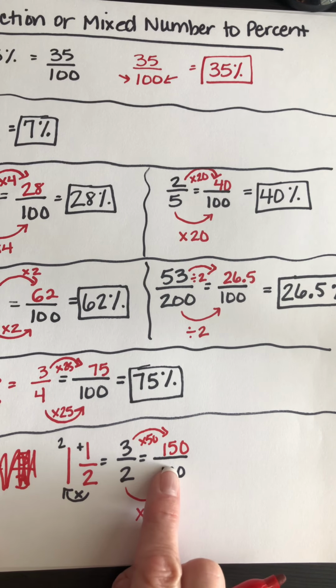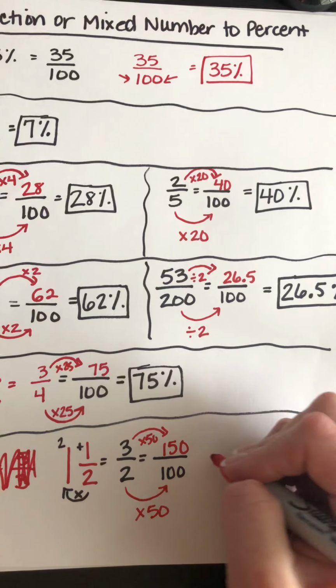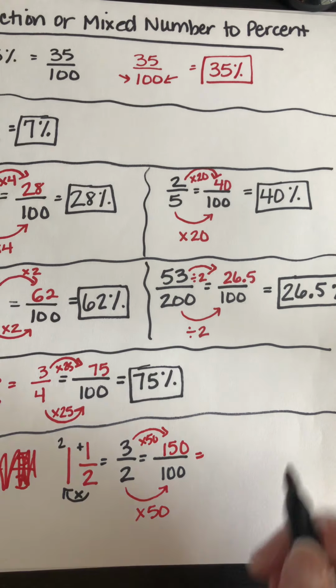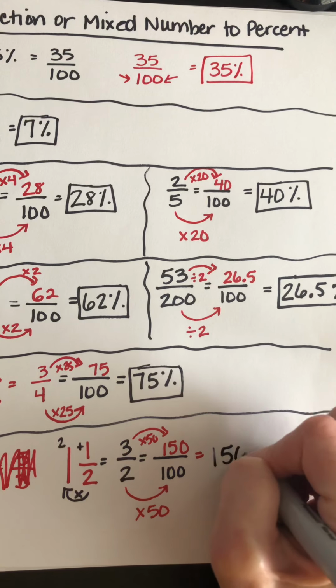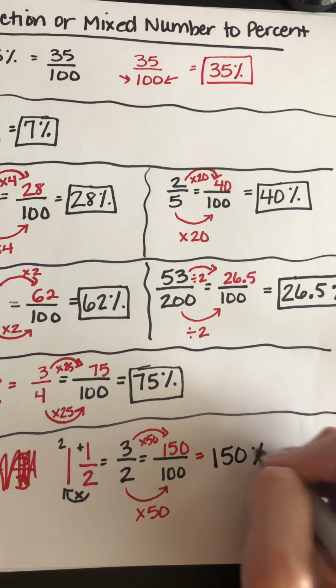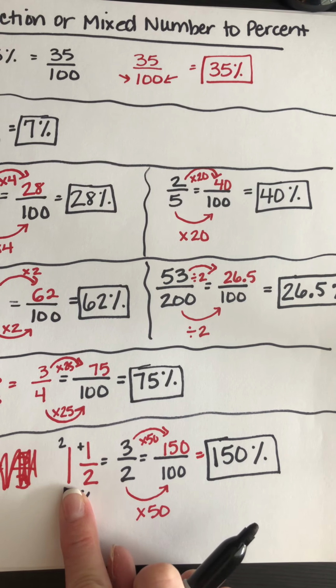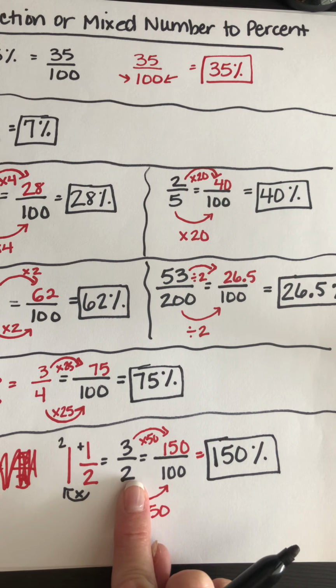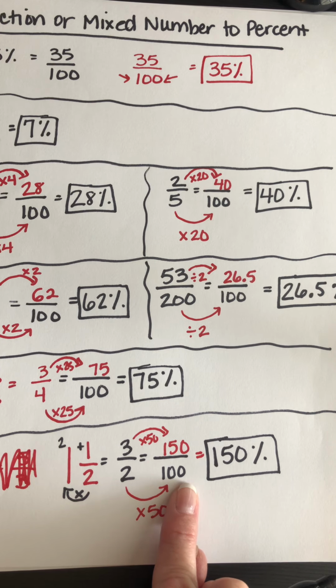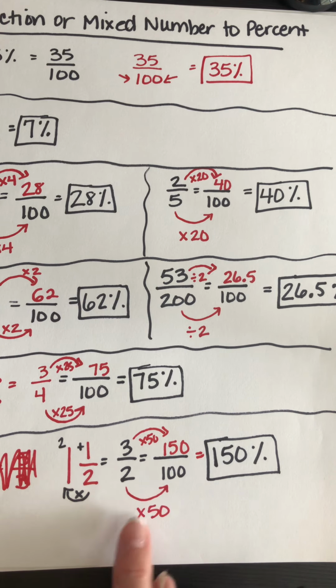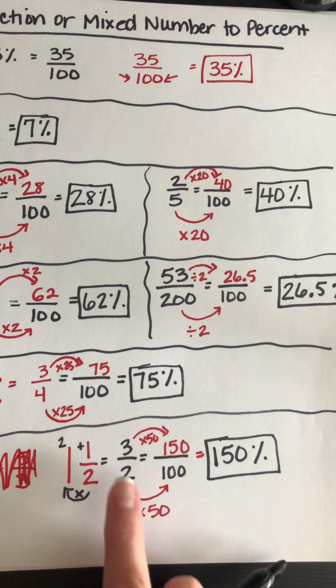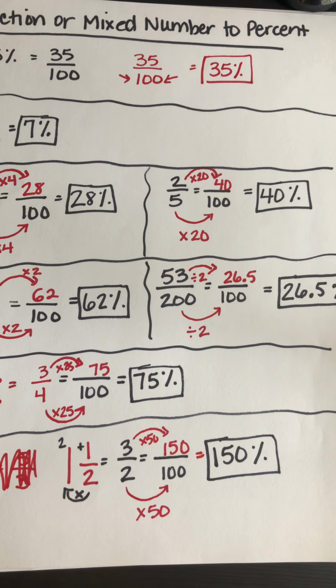So it's going to be greater than 100%. So my answer here would be 150%. So the only difference with a mixed number, such as 1 1/2, is to make it an improper fraction, and then find the equivalent fraction by setting 100 as my denominator, and then my numerator is 150.